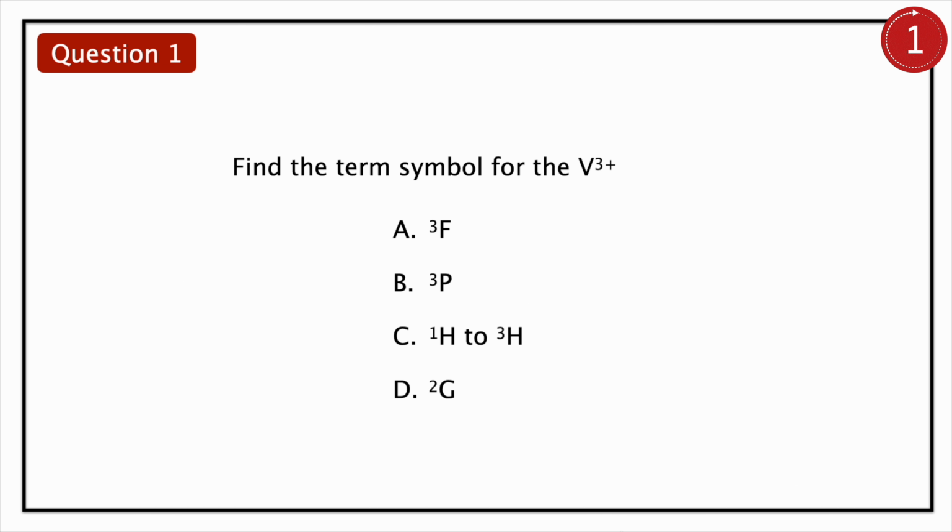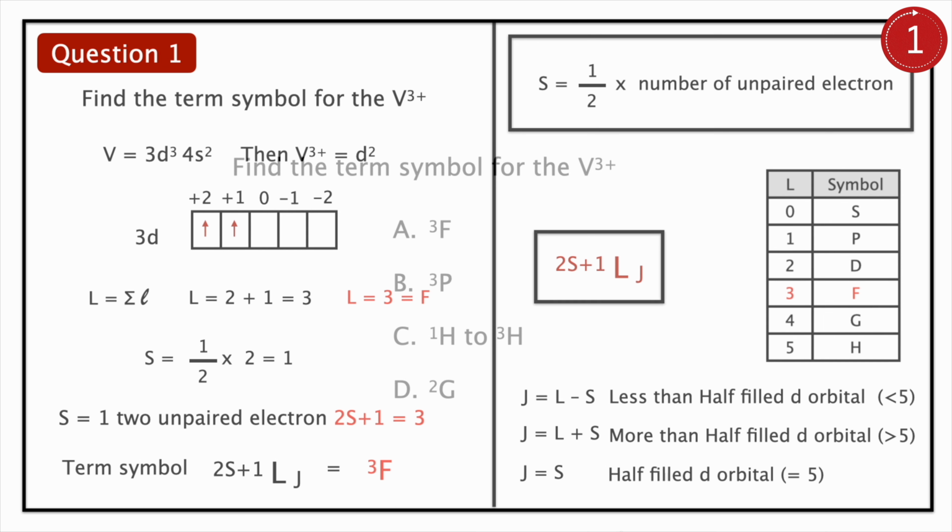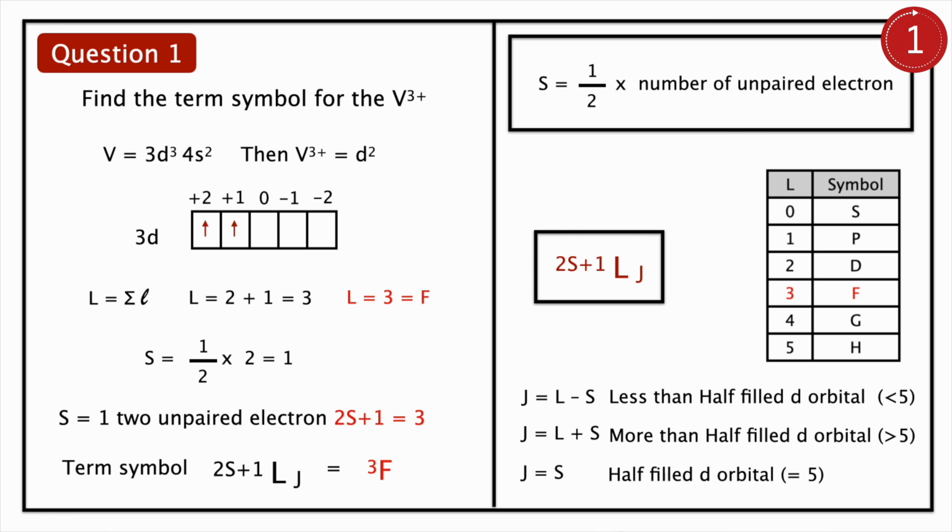Now getting into the real problem. Find the term symbol for V3 plus. The choices are 3F, 3P, 1H2, 3H, and 2G. So we will go by the basic step-by-step procedure. First we find the electronic configuration of vanadium, which is 3d3 4s2. It is V3 plus, so you have to remove 3 electrons.